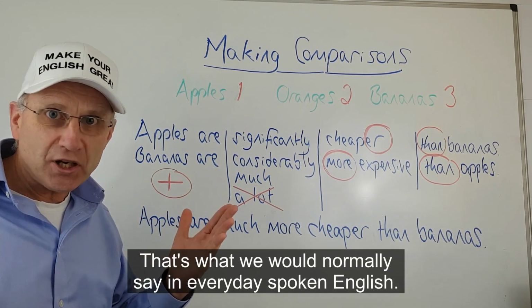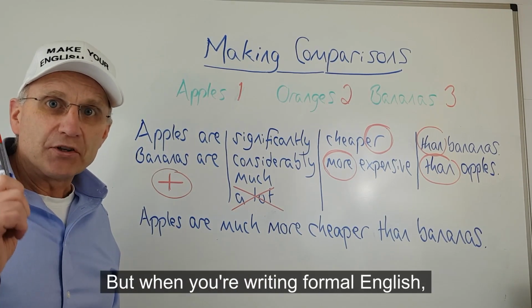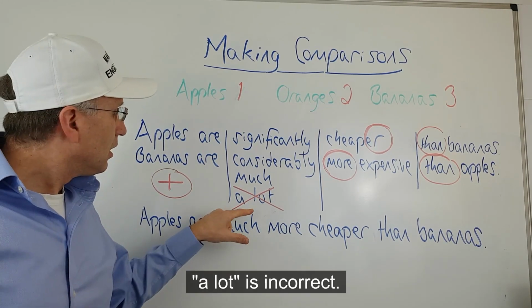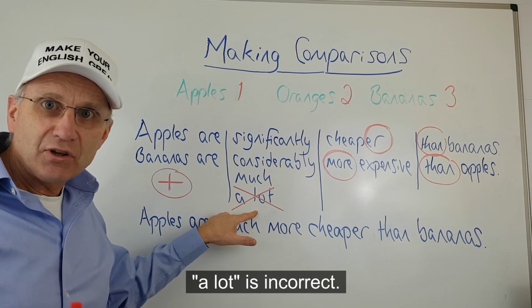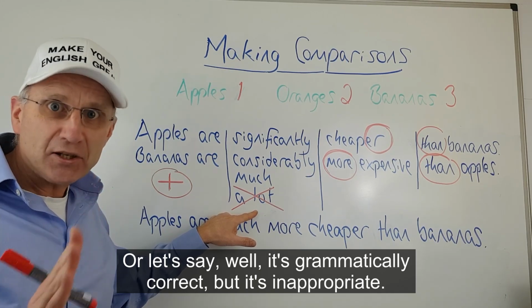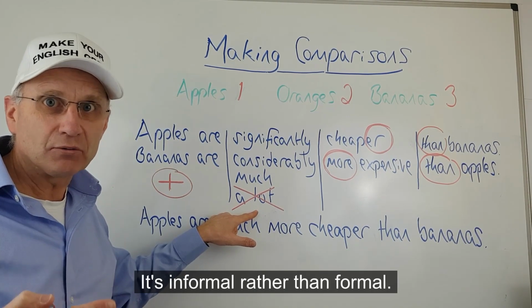That's what we would normally say in everyday spoken English. But when you're writing formal English, a lot is incorrect, or it's grammatically correct, but it's inappropriate. It's considered bad style. It's informal rather than formal.